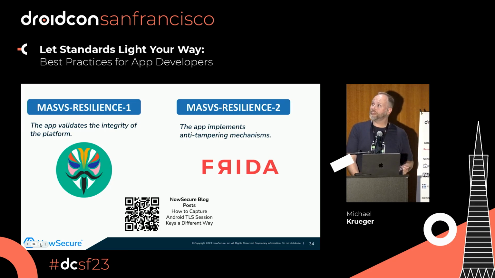That's why we recommend resiliency, because if you make it hard enough and it's worth the investment, your app becomes unattractive and the attacker moves on to an easier target. They're looking for easy targets.